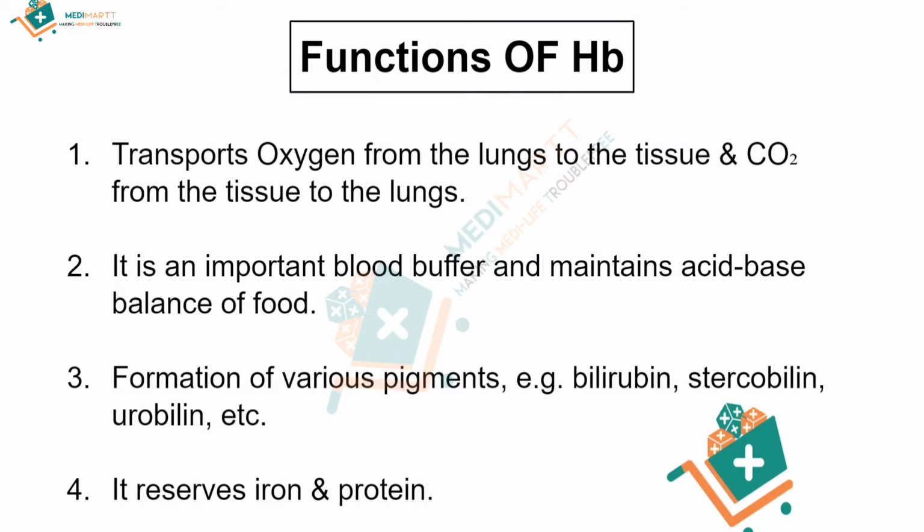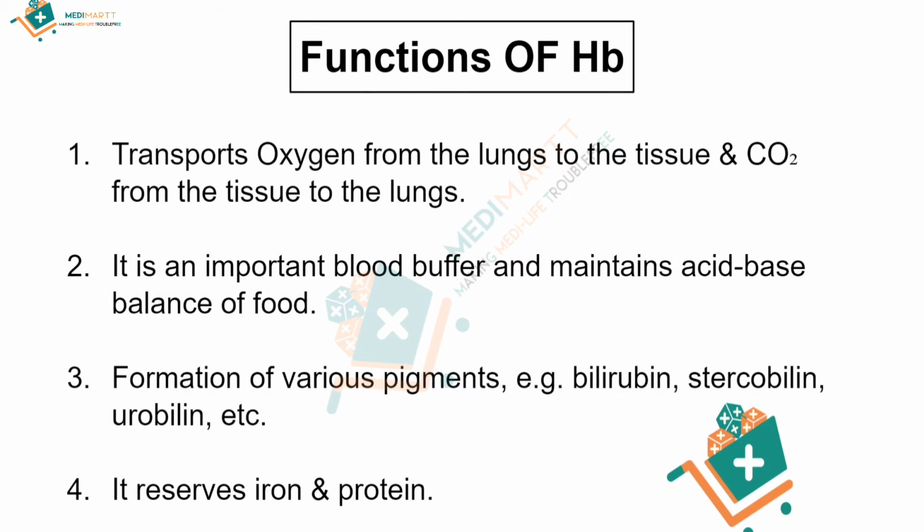Now, it is an important blood buffer and maintains the acid base balance of the blood. For what a buffer is and what the acid base balance is, please refer to our biochemistry series videos, which are uploaded on our official YouTube channel, so please go and check it out. Right now in this physiology video, just remember that it is an important blood buffer and it maintains the acid base balance of the blood.